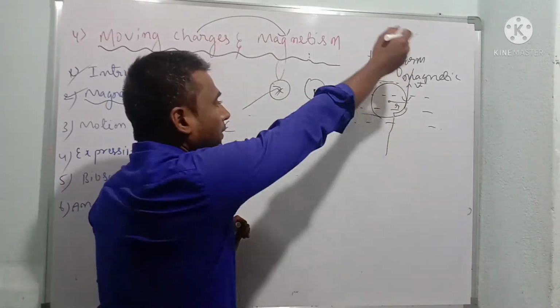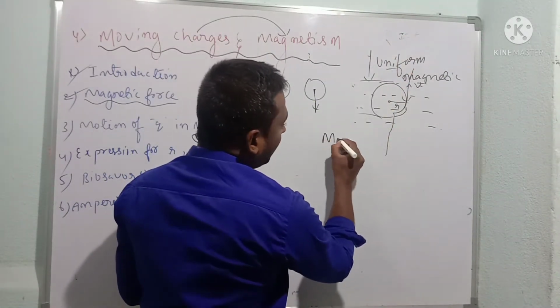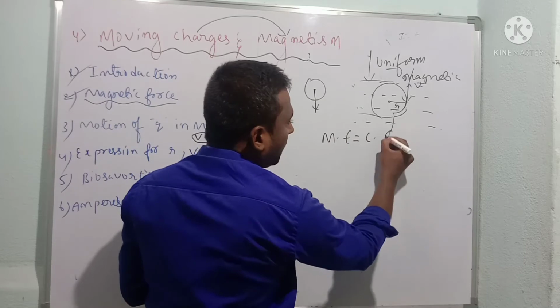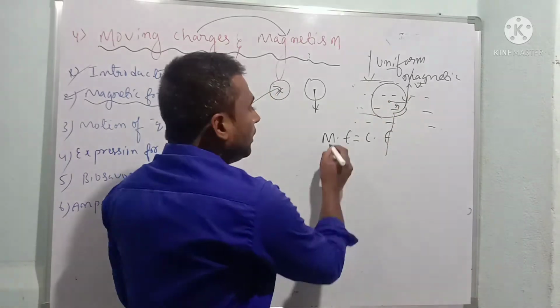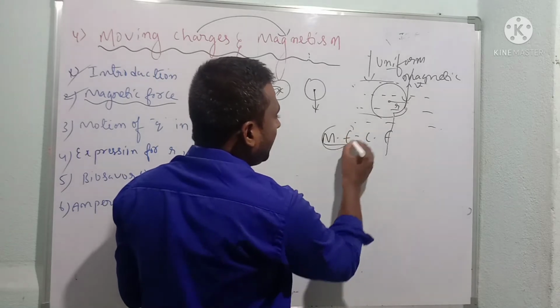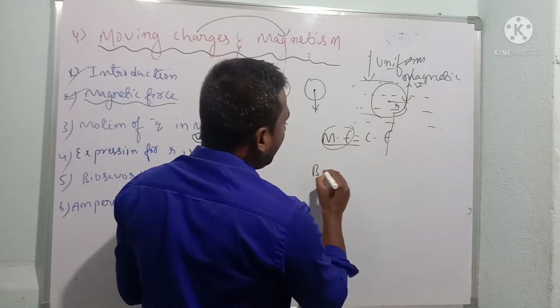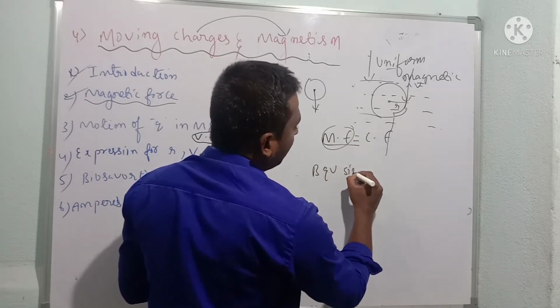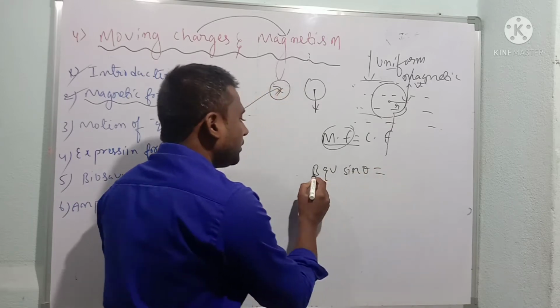So here you can say magnetic force is equal to centripetal force. Magnetic force is given by the very simple equation BQV sin theta. So what is B?